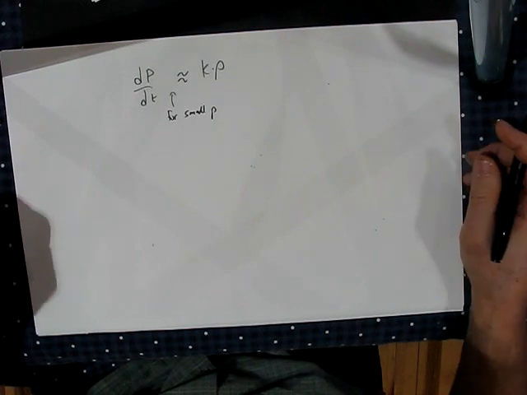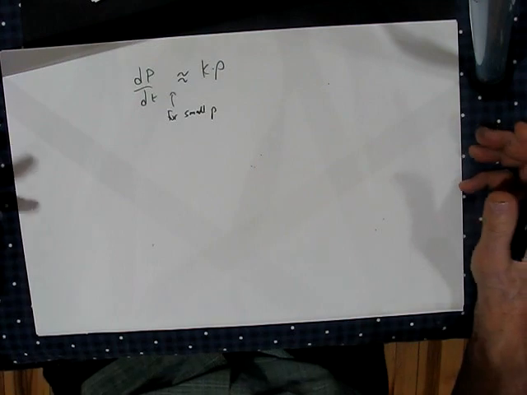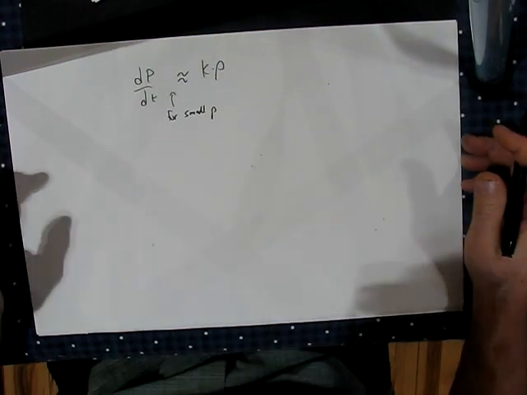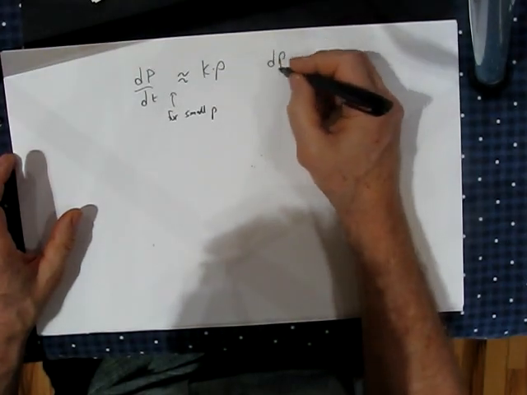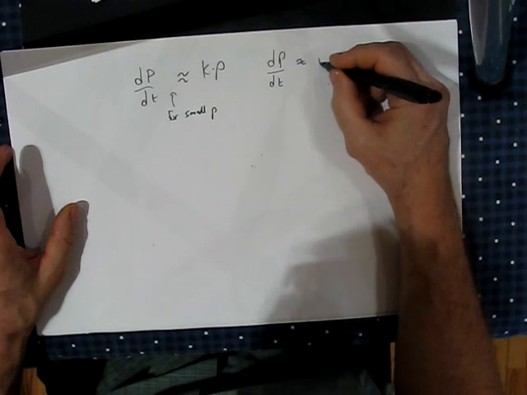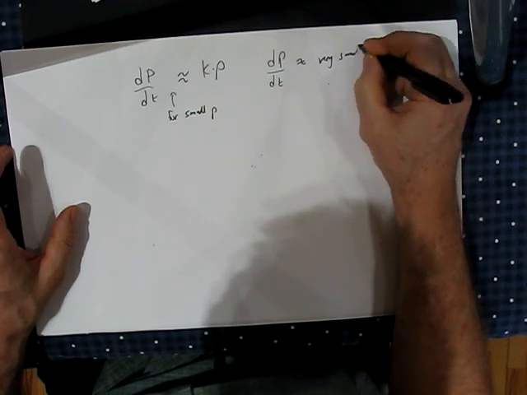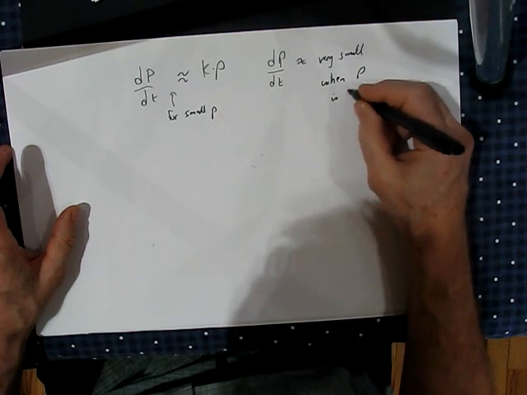Just think of trying to put more and more rabbits in a pasture, and it reaches a certain point in which they can't live because they've eaten up all of the grass. So, well, let's also say that we want dP/dt to be very small when P is large.